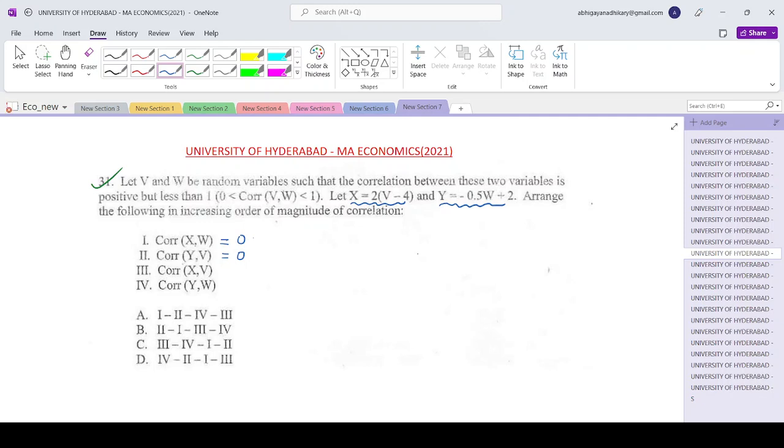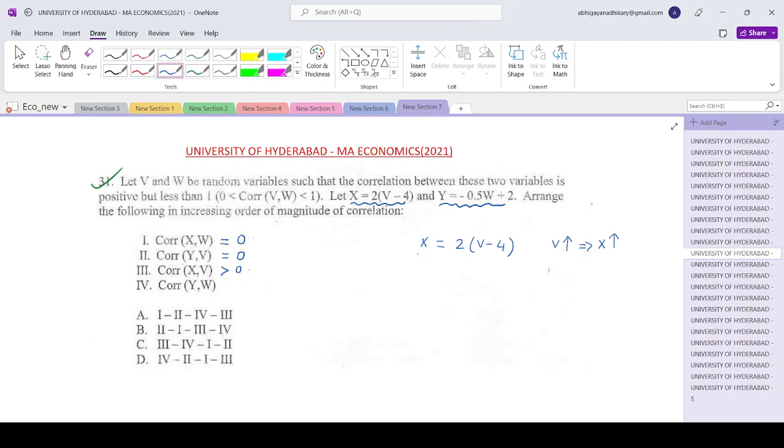If you look at the correlation between x and v now, x equals 2 times v minus 4. So just before doing any calculation, what you can see is that if v increases, x will increase. Therefore, the correlation between x and v is positive.